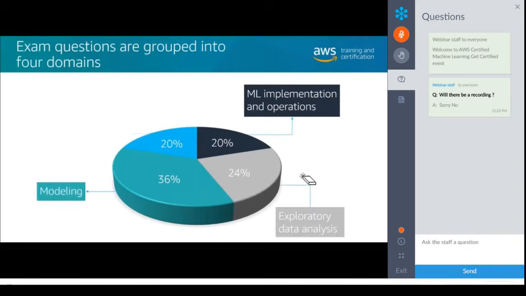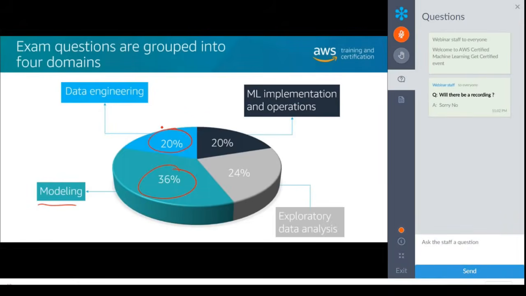So the 4 domains. I did mention the exam is broken down into 4 domains, and here they are. As you can see, the majority of it is spent on modeling because that tends to be the fun part of machine learning. You know, it's designing new algorithms and tweaking different hyperparameters and just poking around. But the thing is, you still need data.